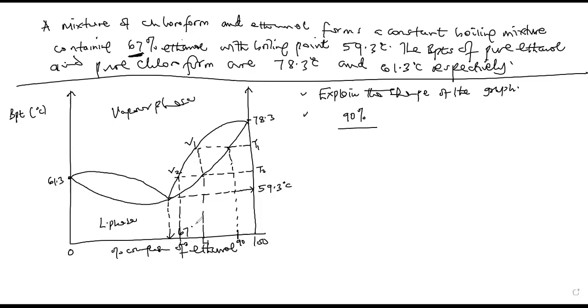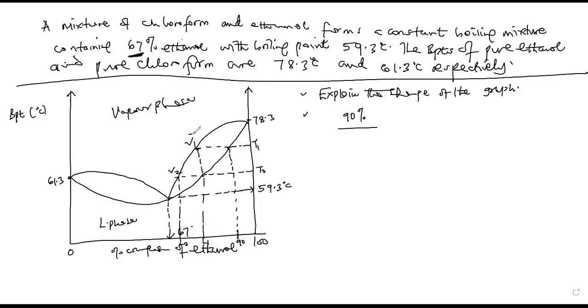When a solution containing 90% of ethanol is heated, it boils at a temperature T1 degrees Celsius, to form a vapor of composition V1, which will contain a lower percentage of ethanol than the original solution. Original is 90, but now you are getting vapor V1, which will have a lower composition of ethanol than the original.